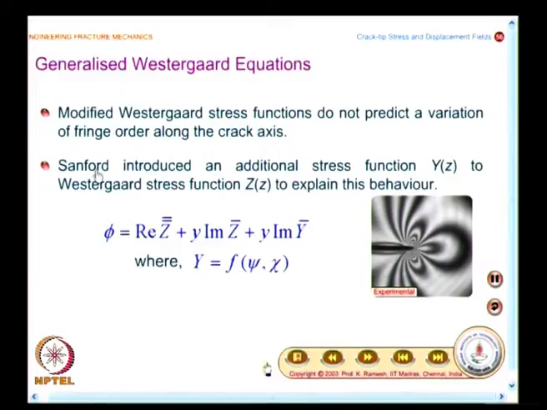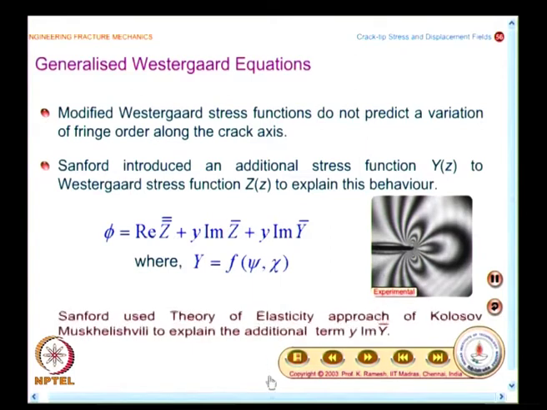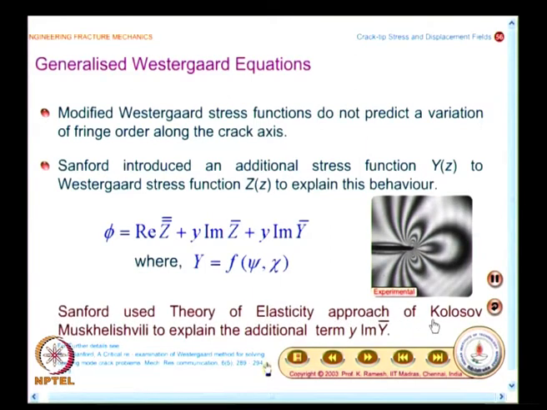That is the kind of understanding that we could develop. And what Sanford did was, in theory of elasticity, you have a very famous approach known as the Kolosov-Muskhelishvili approach for solving problems using complex variables. So, he used this approach to explain the additional term y imaginary part of y bar.